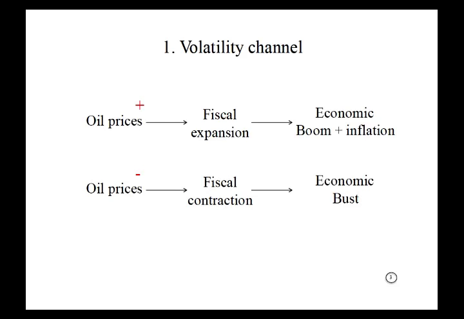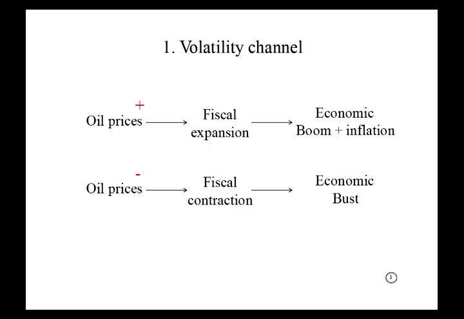Now, imagine that oil prices suddenly drop. The government has to reduce its expenditures suddenly. If the oil prices drop by 15%, the government has to reduce its expenditure, and it gives you the exact opposite effect.